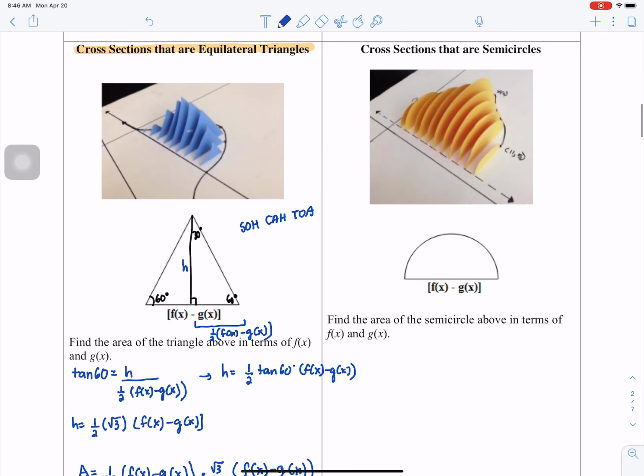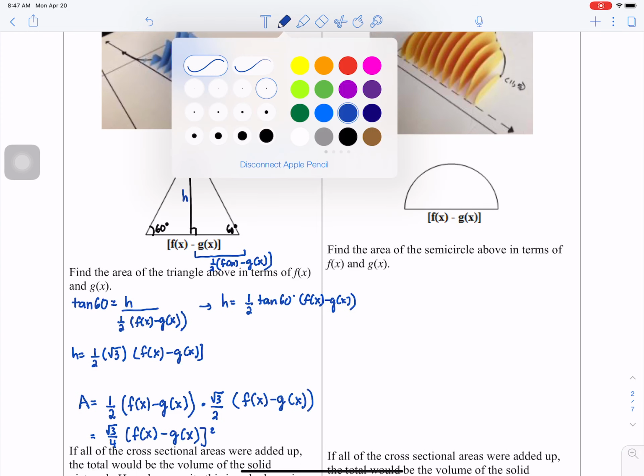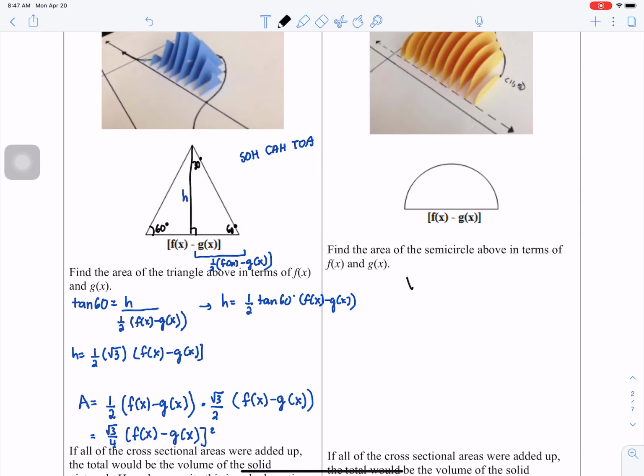Now what happens if the cross sections are semicircles? We need the area of a semicircle. The area of a semicircle is 1/2 of the area of a circle, so 1/2 pi r squared.